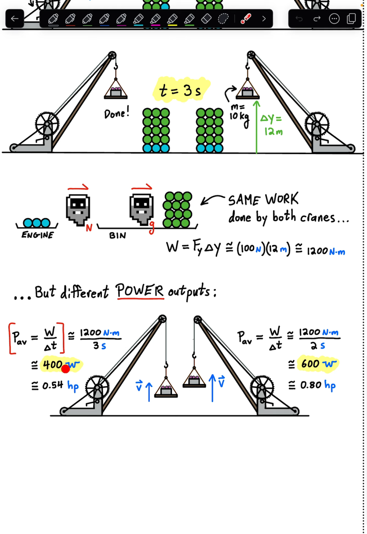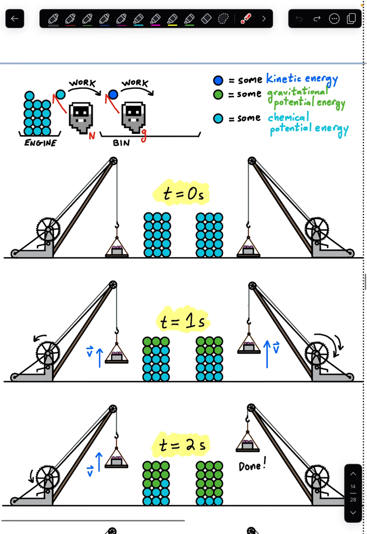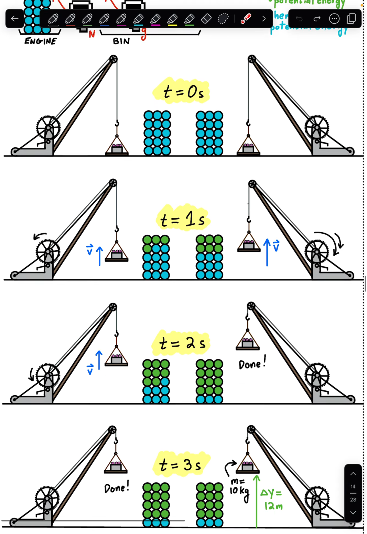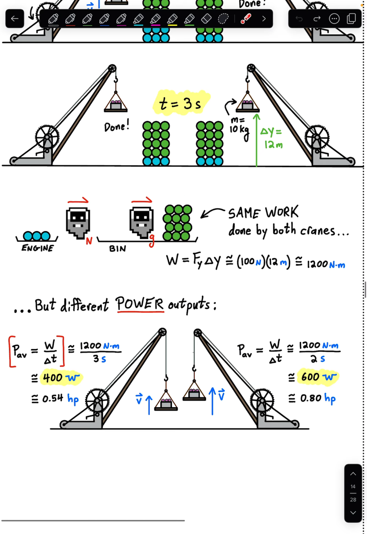I computed the work here and here using work over time, but we could also have used this formula here, force y component times v average y component. Let's try that formula as an alternate way to get this same result.